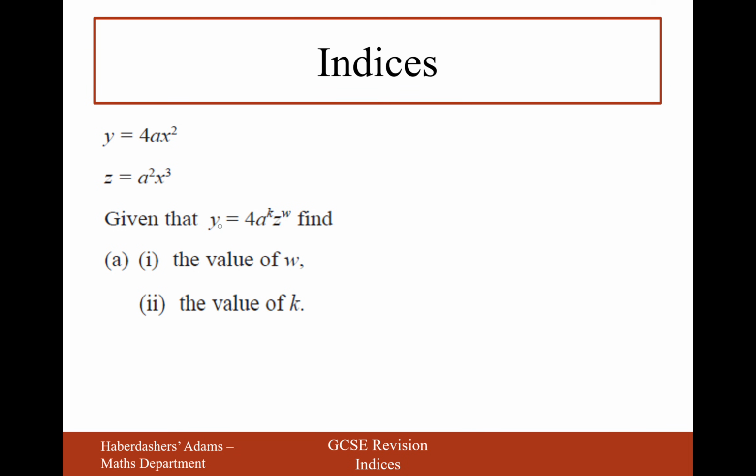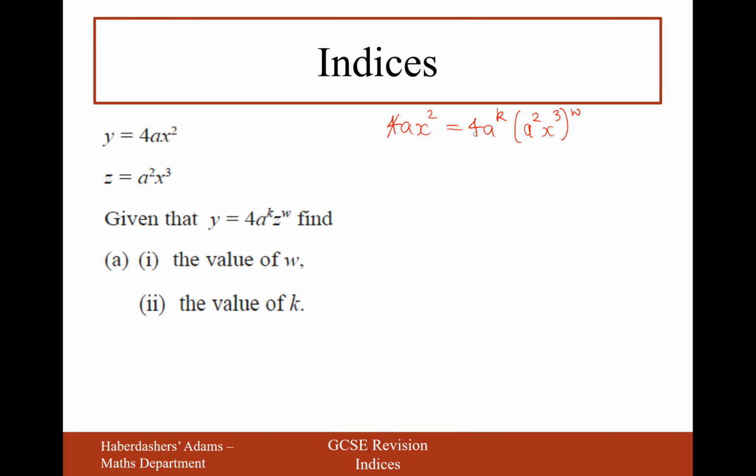Okay, so in this question here, given that y is equal to this, find the value of w and the value of k. So I'm going to rewrite out y: 4ax squared equals 4a to the k times z to the w. Now z is equal to this thing here, so I'm going to put in brackets a squared x cubed to the power of w.